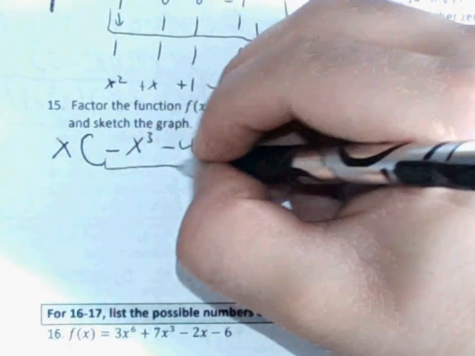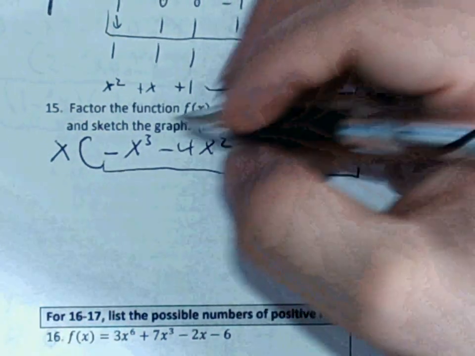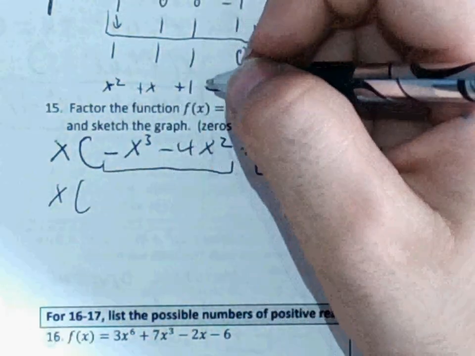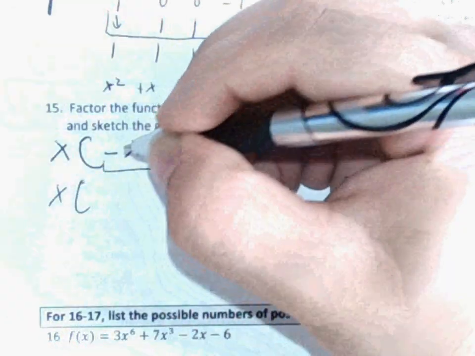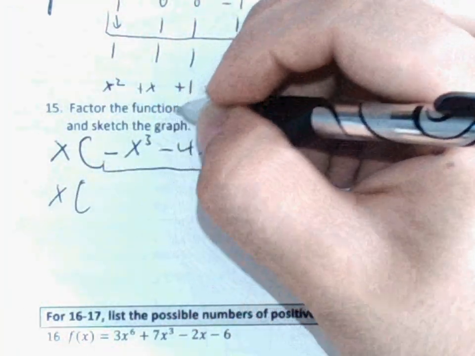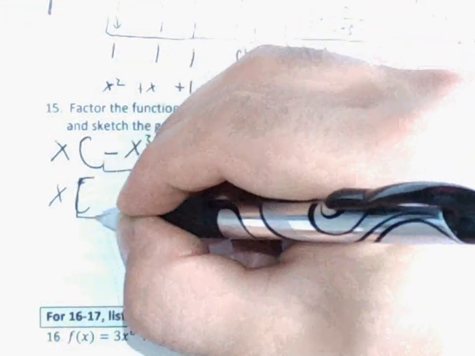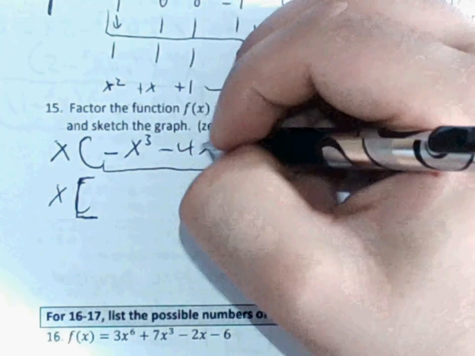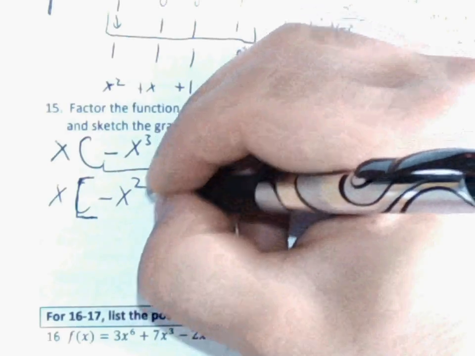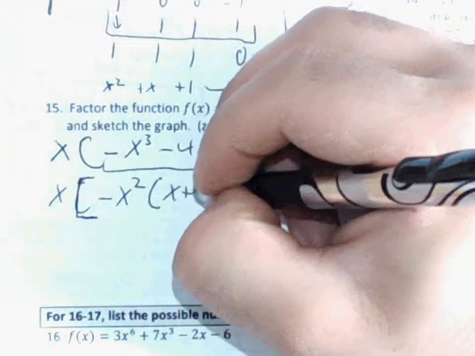Alright, and what I think makes the most sense is to factor by grouping. So let's group this term and this term, and if I factor out a negative x squared, this term is negative x squared times x plus 4.